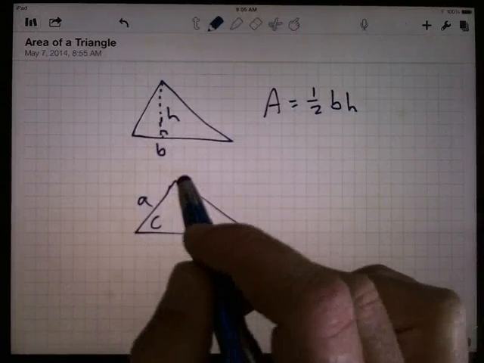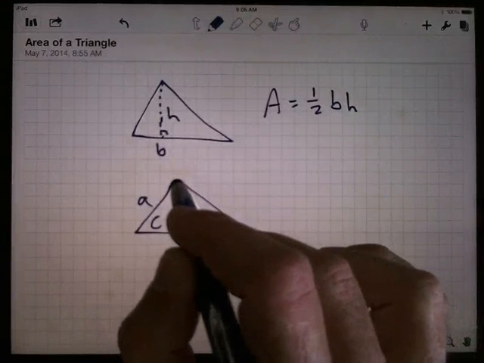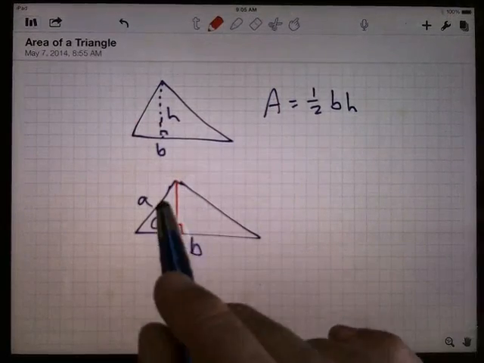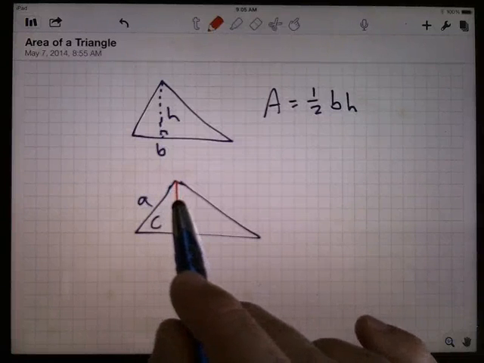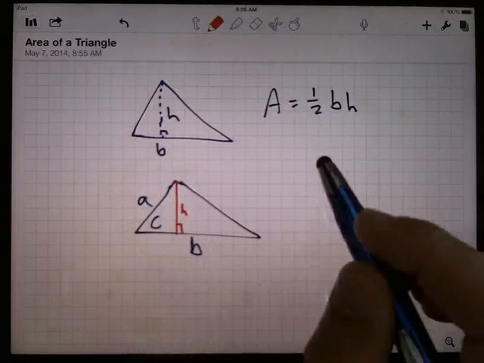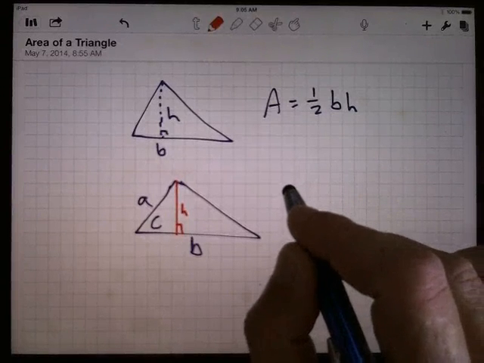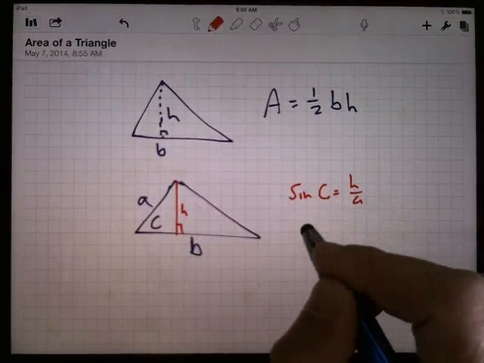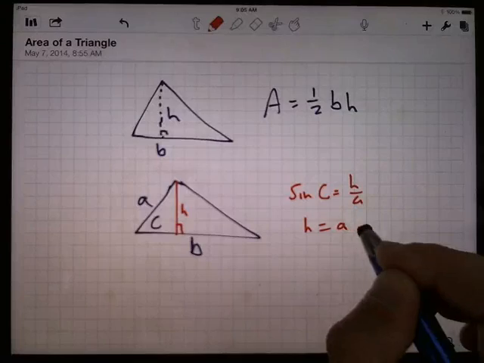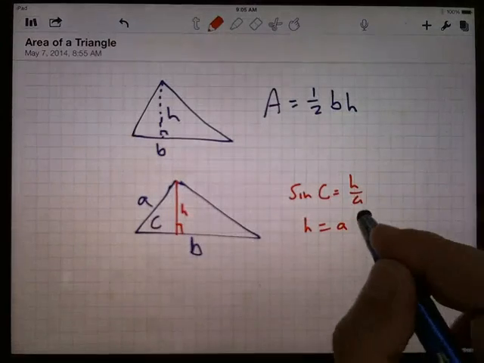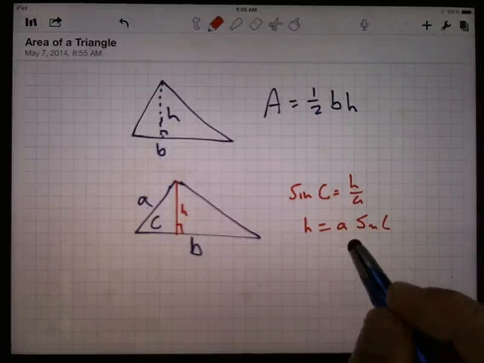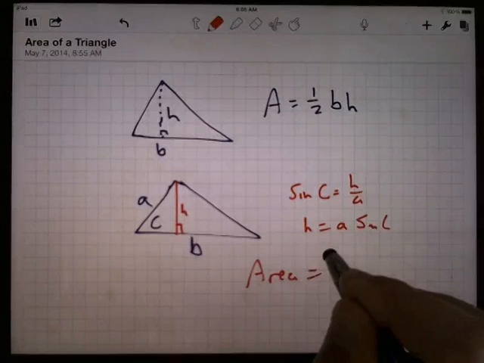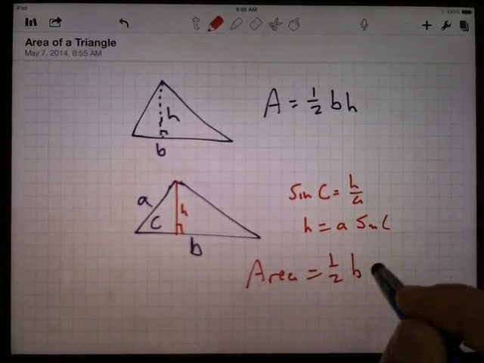Well, in this case, to find the area, I'm just going to drop a perpendicular here and note that I have a right triangle, and that height now, let's call that h, so that the sine of angle C now is h over a, and so you can calculate h by just doing a times the sine of C. And once you have the height now, then the area is 1/2 the base times the height.